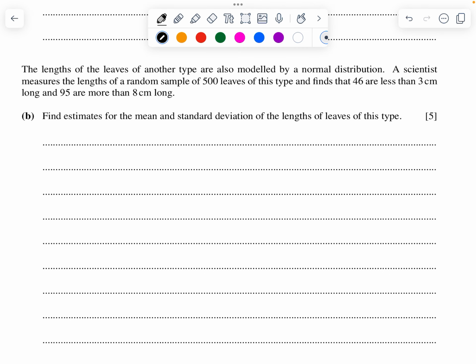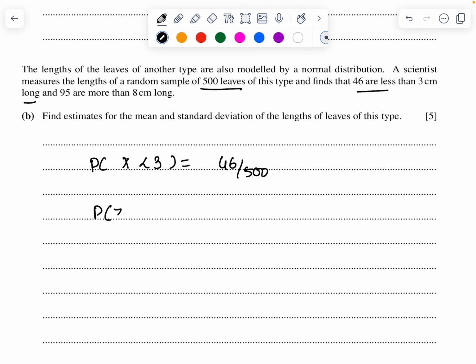The lengths of the leaves of another type are modeled by a normal distribution. A scientist measured a random sample of 500 leaves. 46 are less than 3 centimeters long. Probability of x less than 3 centimeters equals 46 upon 500.